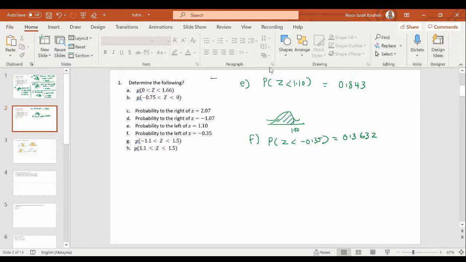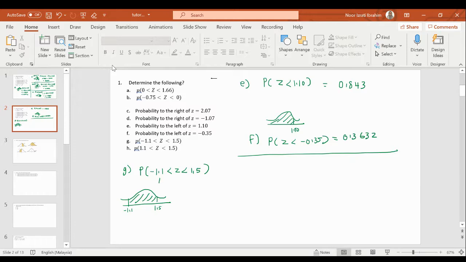G and H are where the Z is in between values. So the G, to find probability when Z is in between negative 1.1 and 1.5. When we draw the curve, here is 1.5, here is negative 1.1, and this is the shaded region.